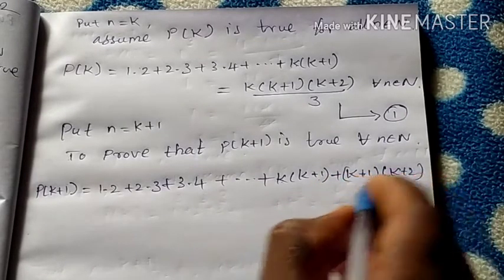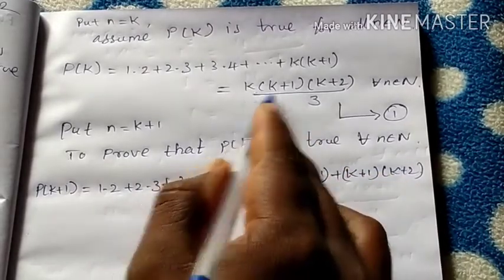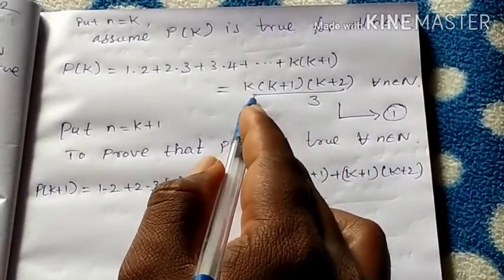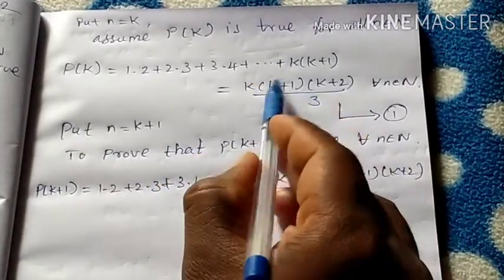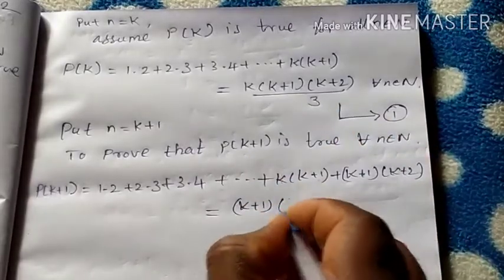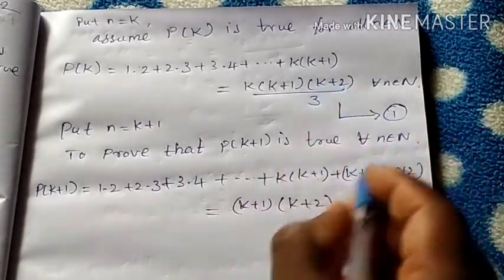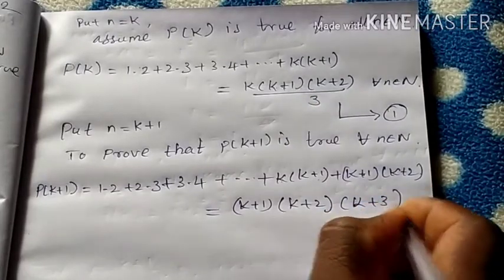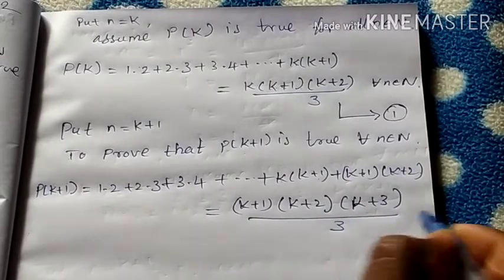Have you understood this? This is the next term, which is equal to the RHS side, and k changes into k+1. So this is (k+1), so (k+1)+1, so (k+2), here (k+1)+2, so (k+3), the whole divided by 3.